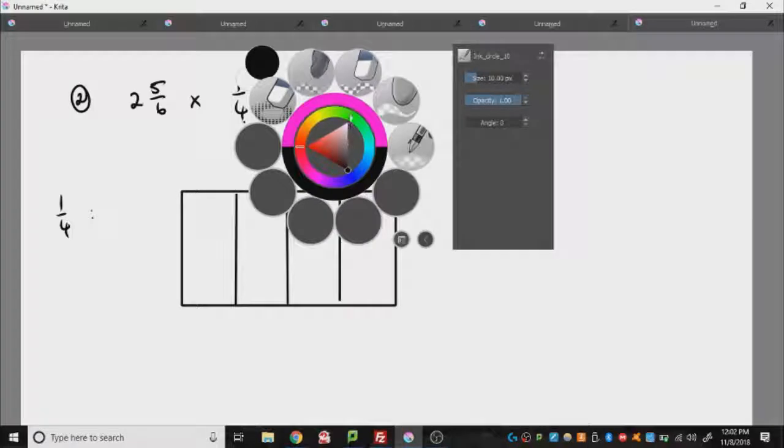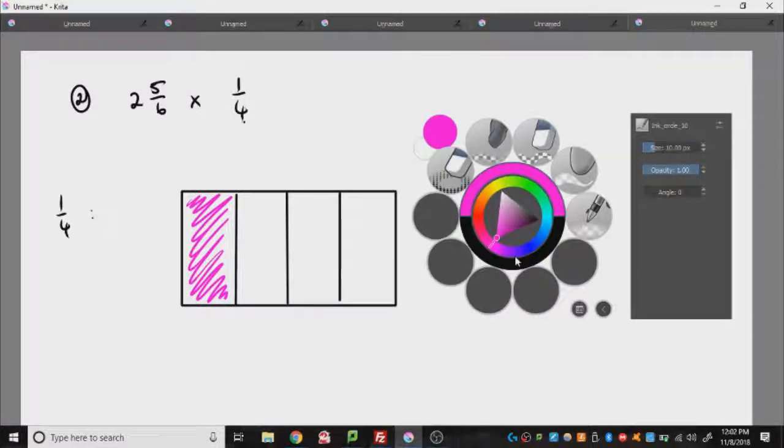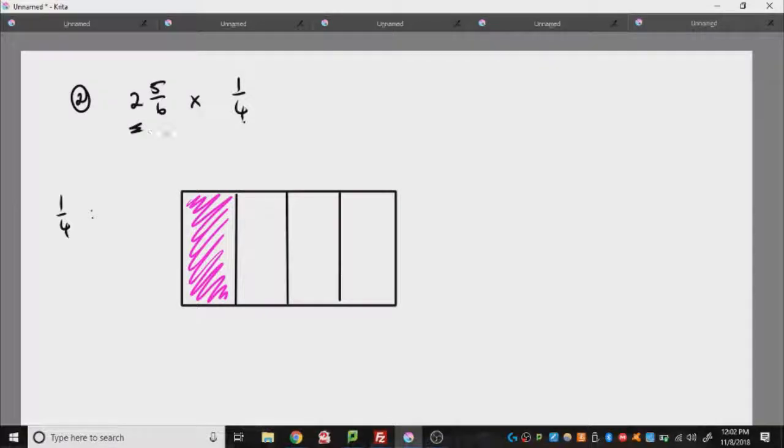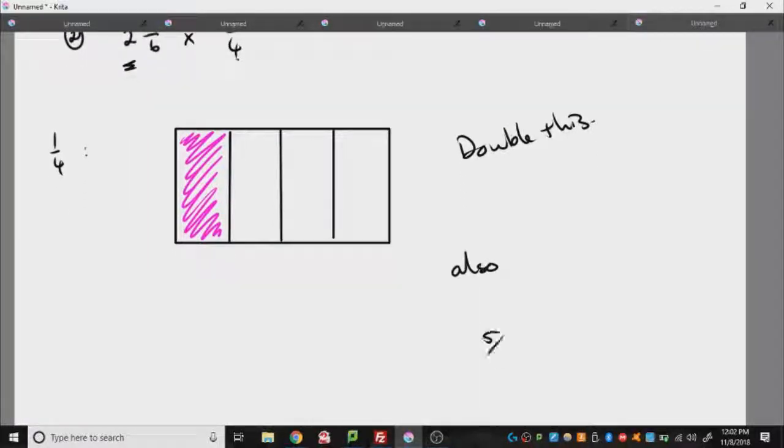Pink time. Only one of them. So now I have to double this because of the 2. So I have to double this. And then also I need to take 5/6 of what I had.